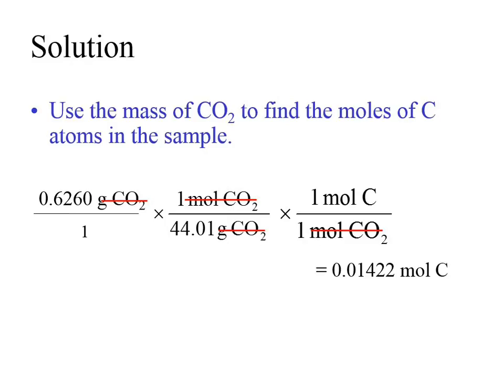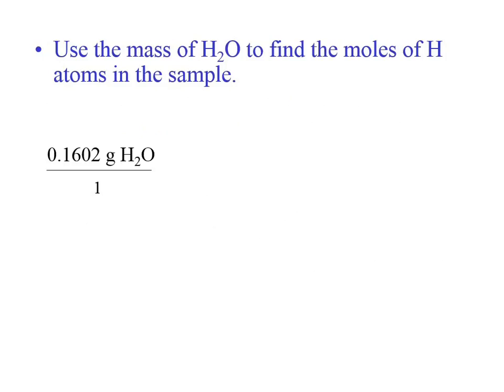And you wouldn't have to do this, but I just am because I just am. So we're going to do a similar thing with water, going for the moles of hydrogen. So the grams of water was 0.1602 grams of H2O over 1. And I bet you know what the molar mass of water is, 18.02. So then we use 1 mole H2O over 18.02 grams of H2O.